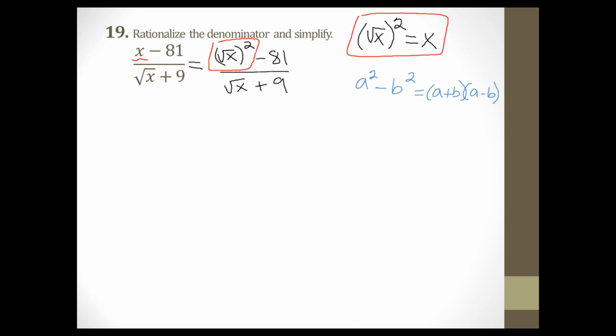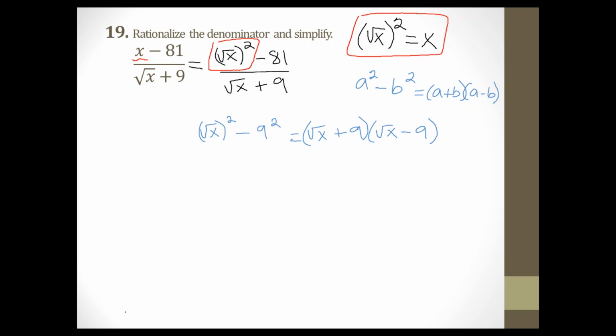So if I do that up here, that's the square root of x squared minus 9 squared. I can use my factor pattern and say that's the square root of x plus 9 times the square root of x minus 9.